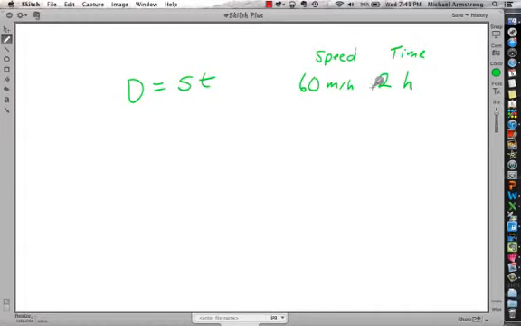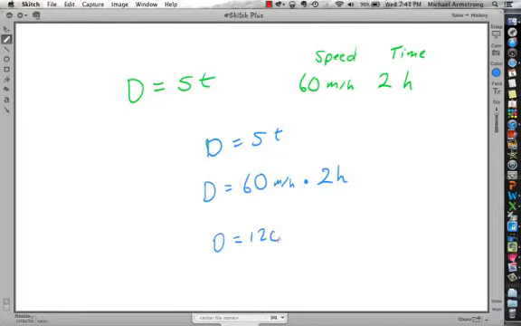The only thing I don't know is my distance, and if I plug those in, the distance equals speed times time, and I know my speed is 60 miles per hour times 2 hours. And 60 times 2 is 120. Now I know that my distance then equals 120.